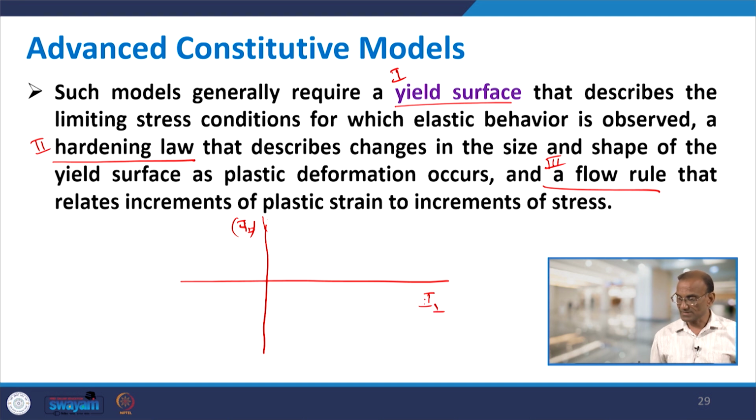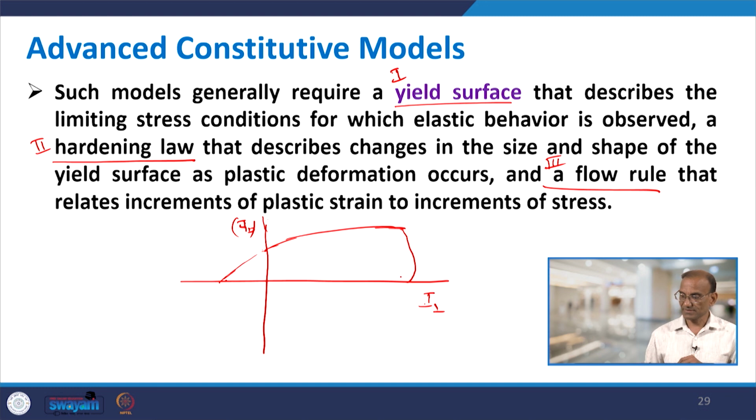They are called stress invariants. If you deal with the Drucker-Prager model, it will look like this: you have this intercept, a negative intercept, and then it goes like this. This is like an open yield surface, and when you have the hardening rules, there will be a cap, and then it may come down like this.